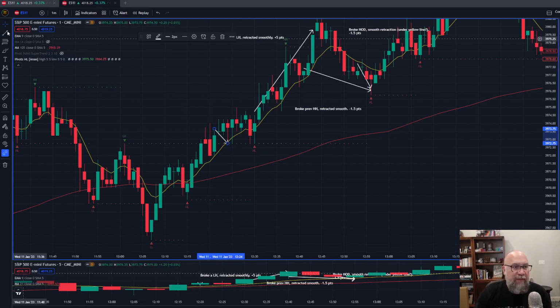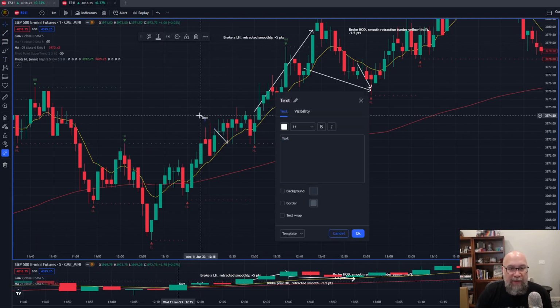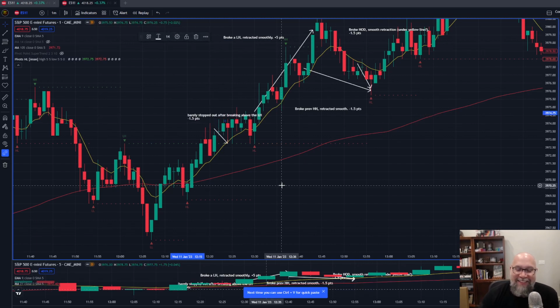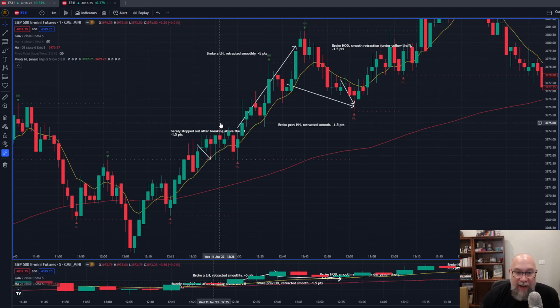So just for the sake of having everything be as complete as possible, barely stopped out after breaking above the lower high, minus 1.5 points. I'm going to have to go back through and add these up again anyway. So that's fine. And then we still would have broken that high again.